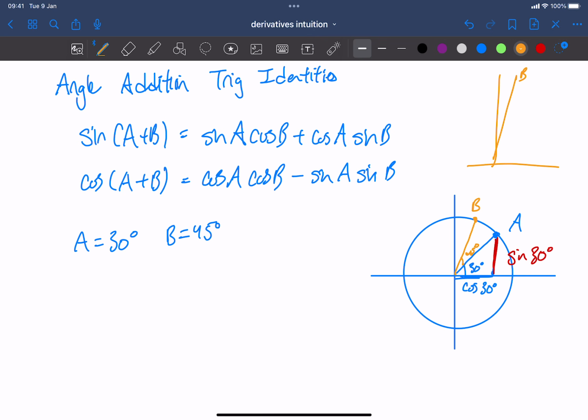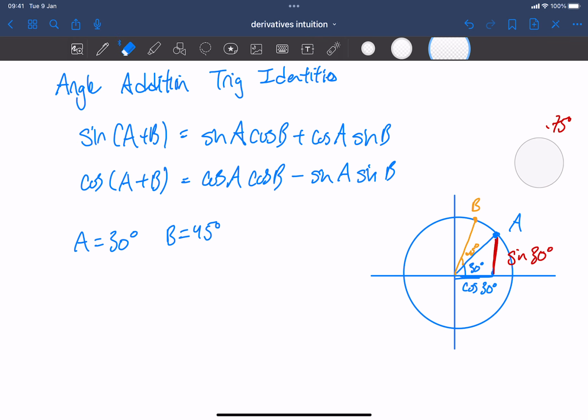It's drawn really roughly, but the new coordinates would be cos of 75 degrees for the horizontal component, and for the vertical, sine of 75. Sorry if that's messy, but just know that sine correlates to the vertical component and cosine correlates to the horizontal component, and that's how we figure out B.